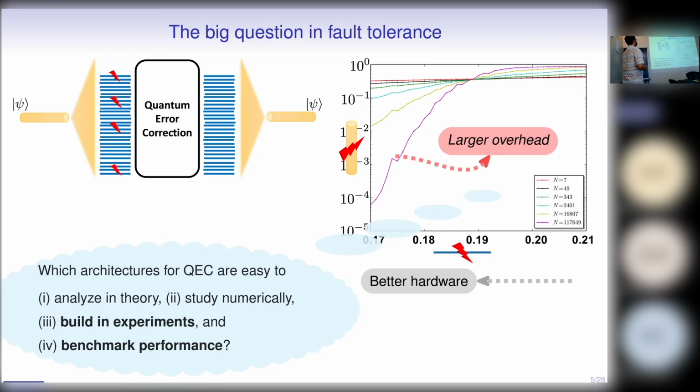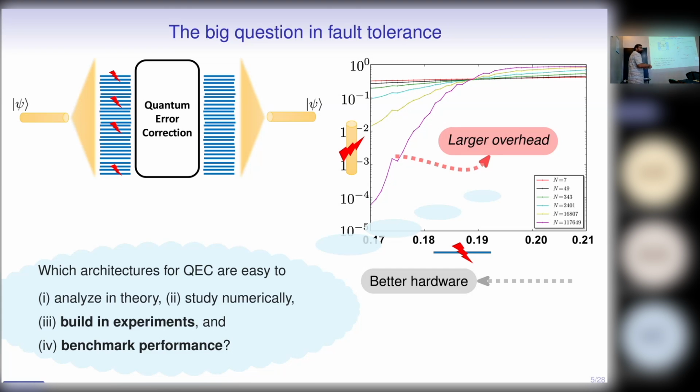In other words, what we want to study in error correction is what are different architectures for writing logical states as entangled states of physical qubits, such that those architectures are easy to analyze in theory. What are we trying to analyze? We're trying to analyze what's the noise that persists after quantum error correction.